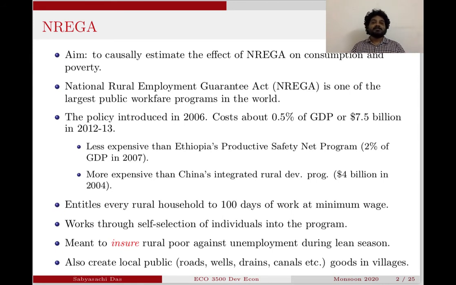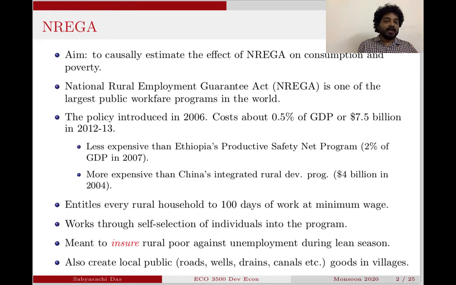So during the lean season, which is the Rabi season, roughly the first 6 months of any calendar year, agriculture activity is relatively low, and the demand for agricultural labor is low. And so those who don't plant would not find ready employment in this particular season every year.